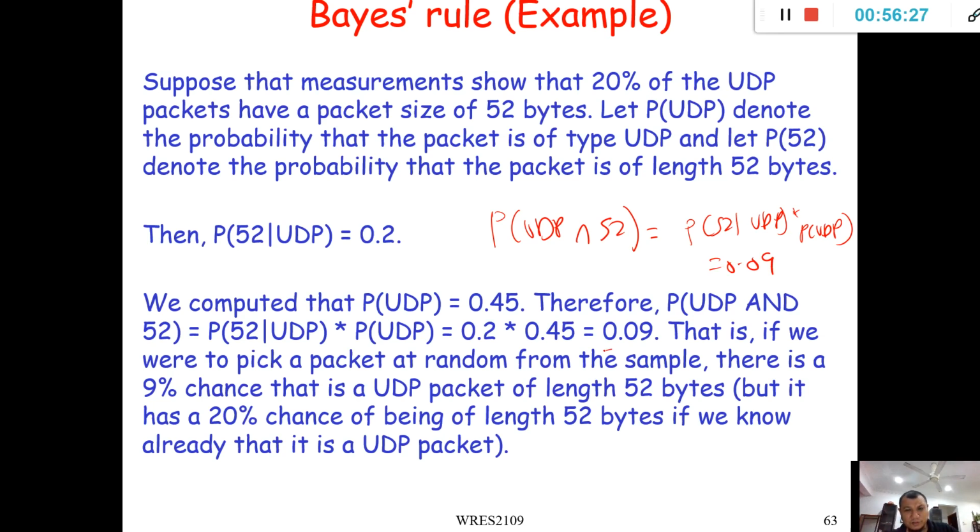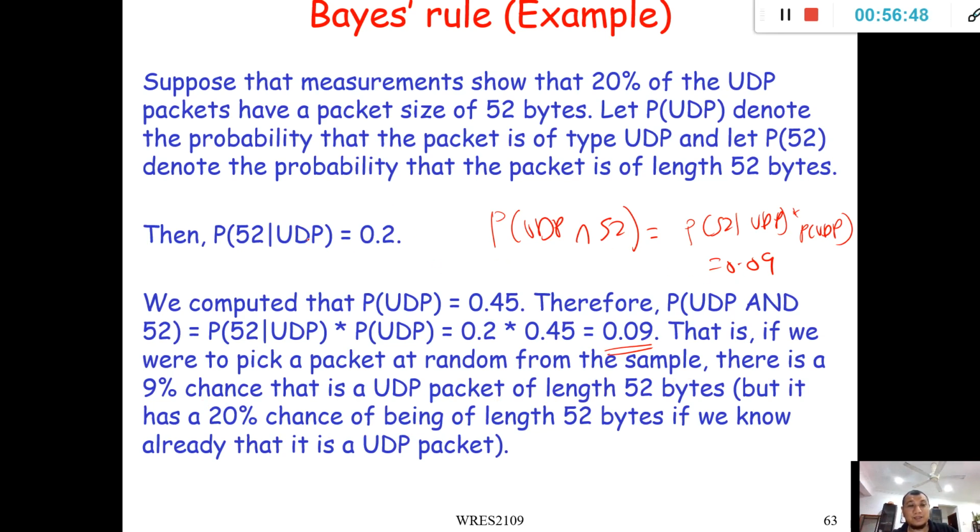What does 0.09 mean? If you were to pick a packet at random from the sample, there is a 9% chance that it is a UDP packet of length 52 bytes. But it has a 20% chance of being 52 bytes in length if we already know that it's a UDP packet. So 0.2 and 0.09, see the difference?